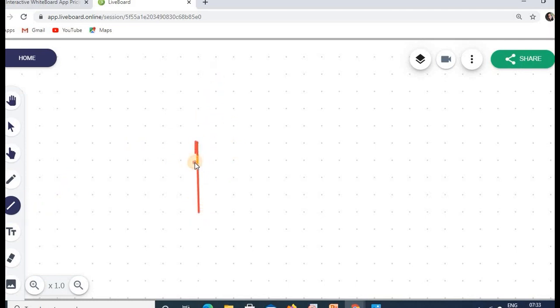This is the biprism, and we need a slit, and the slit is illuminated.